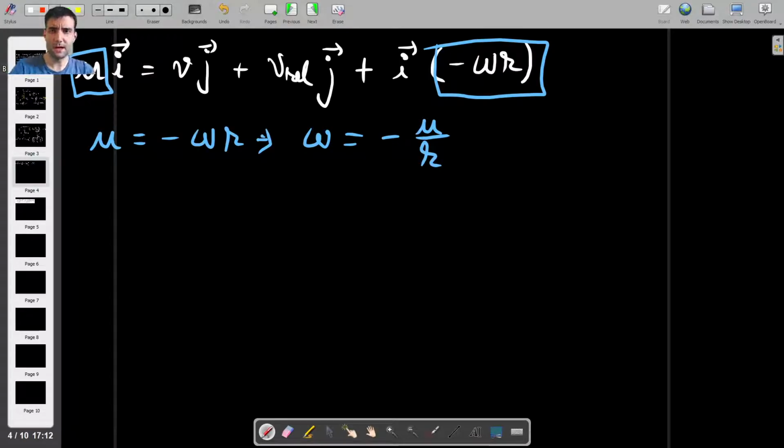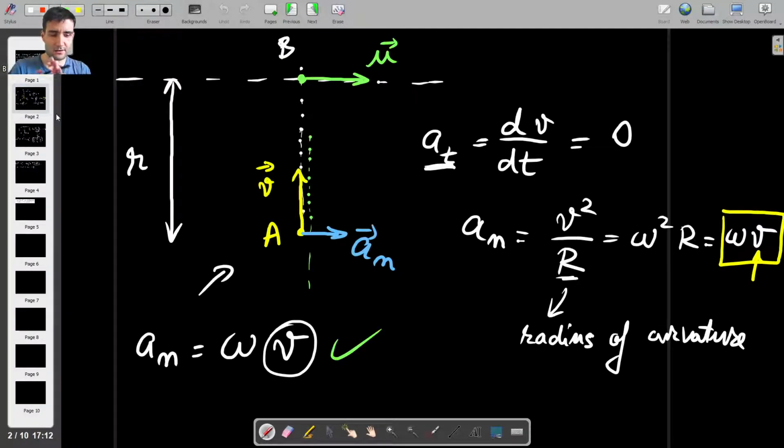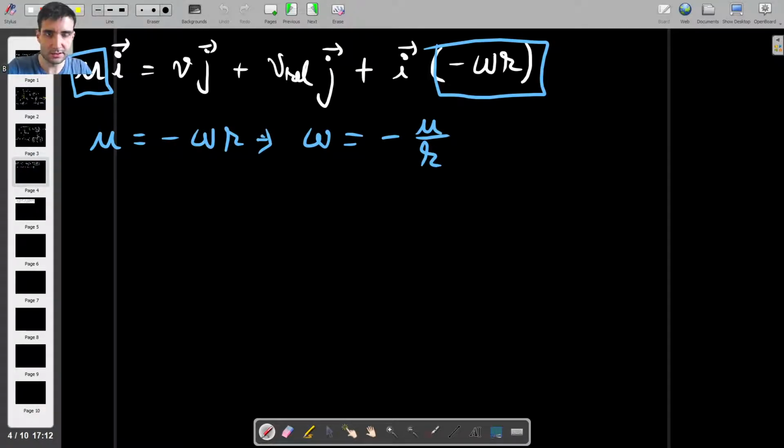And this minus actually tells us that the angular velocity of the dog in this moment is clockwise, right? Which makes sense in a way, because if you can imagine, as the cat runs to the right, the velocity vector of the dog will start rotating clockwise, which is why we have a minus here.